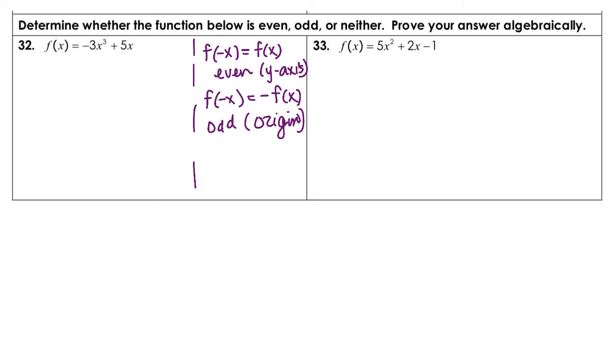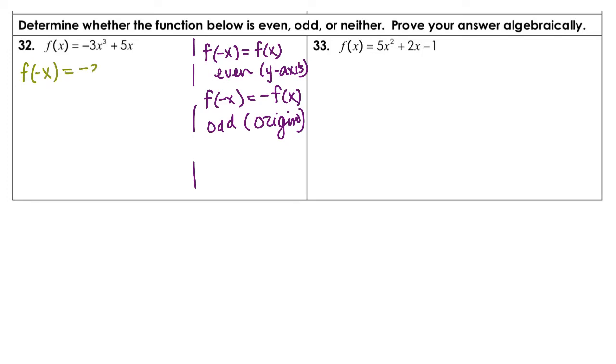Alright, so looking at 32, we're told that this is a function, and so what we need to do is substitute in a negative x and compare it back to the original. That's always the first place to start.